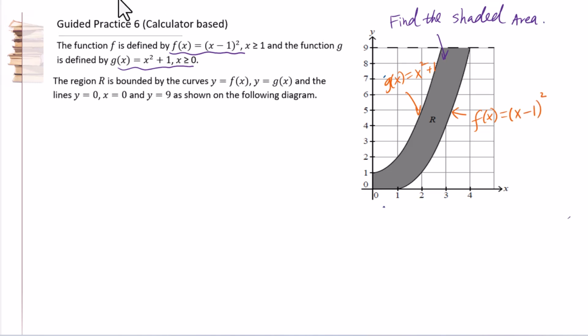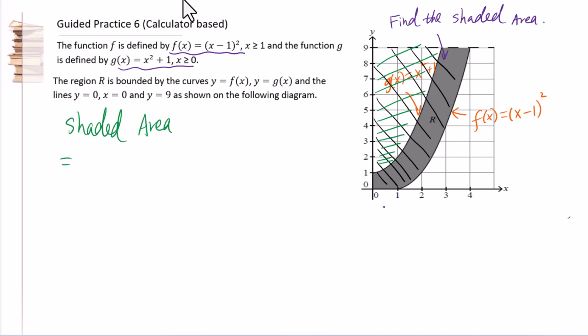Let's check the region bounded by the curve y equals f of x and the y-axis. It will be this. The region bounded by y equals g of x and the y-axis will be this. In other words, the shaded area equals, we will use this formula for the area of the region bounded by the y-axis, dy.